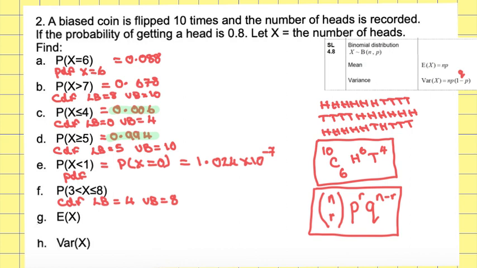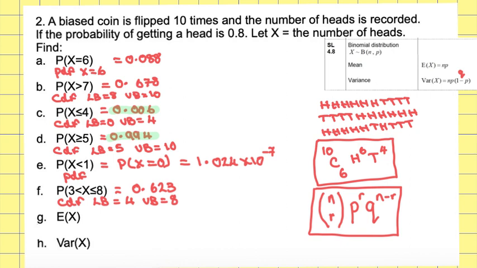And that gives you a probability equal to 0.623.